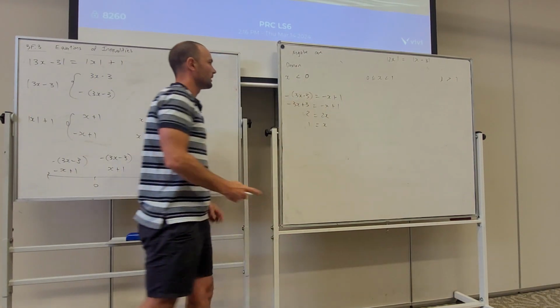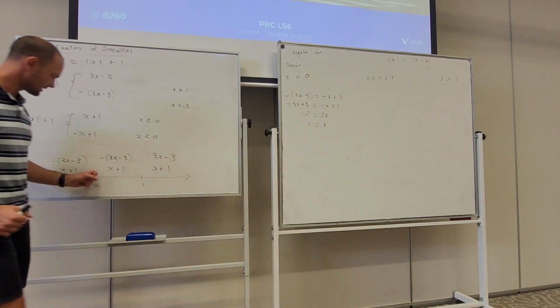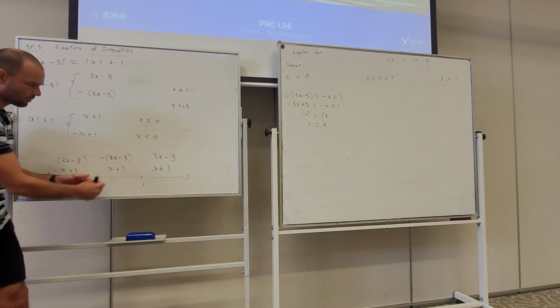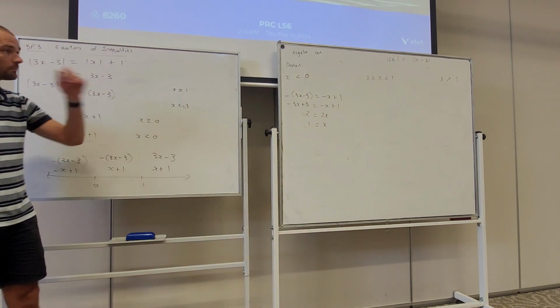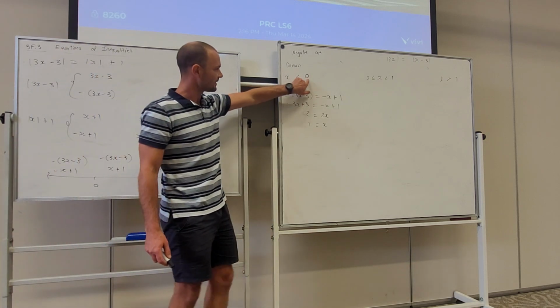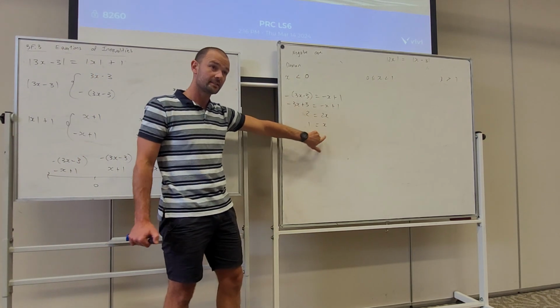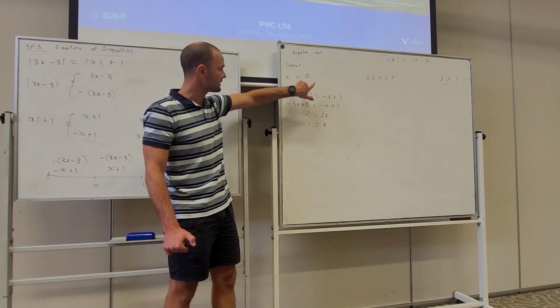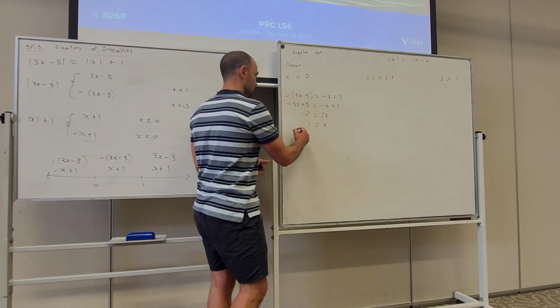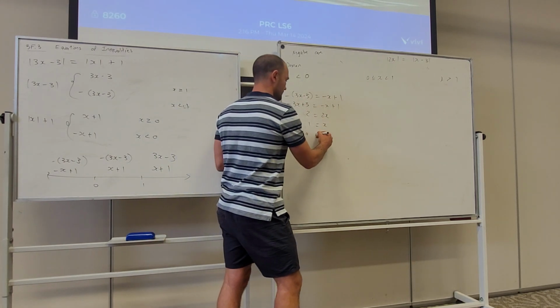Oh, I'm really sorry. We've got x being less than 0, x being between 0 and 1, and x being larger than 1. Okay, x is less than 0, but our solution is x is 1. This does not exist in this domain, so that means this is not a solution.